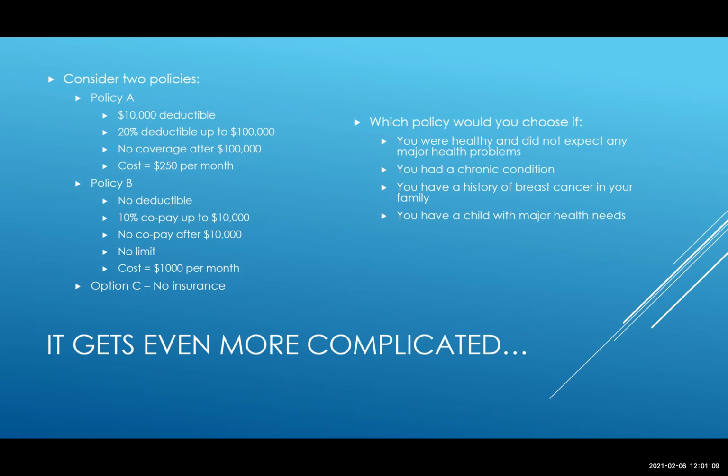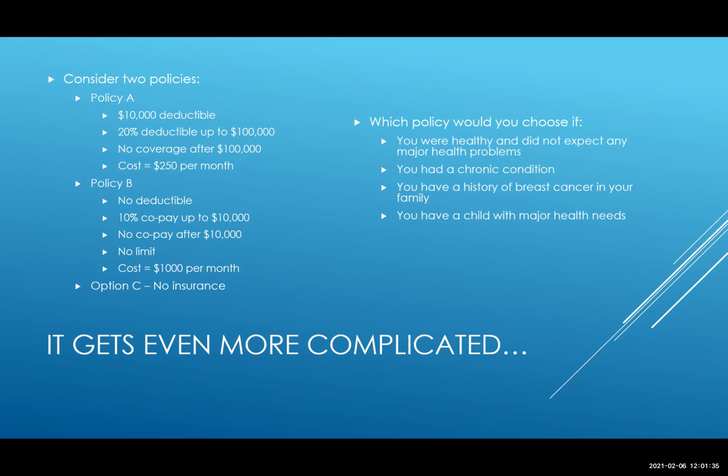Which policy would you choose if you were healthy and did not expect any major health problems, if you had a chronic condition, or if you had a history of breast cancer in your family, or you have a child with major health needs? So this is where it starts to get more complicated. So this is what you're going to be looking at in assignment number 4.